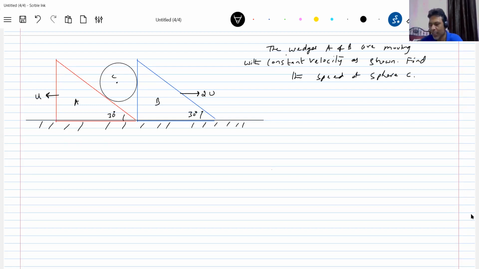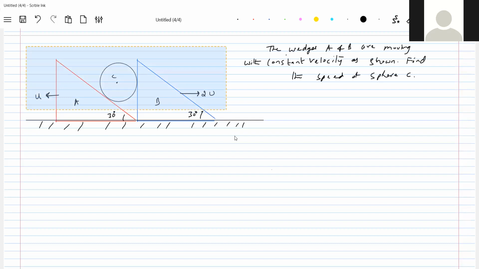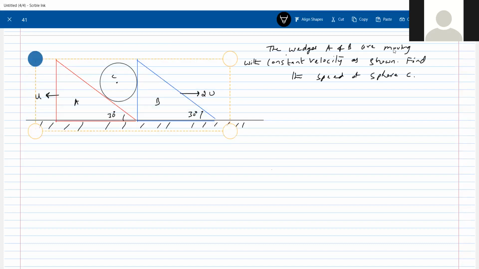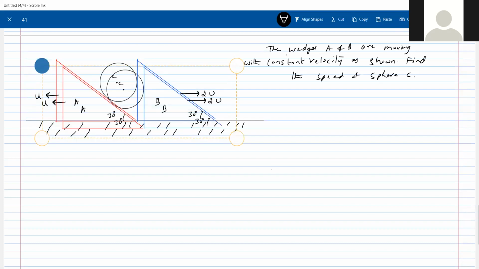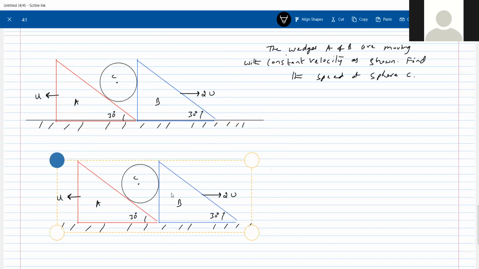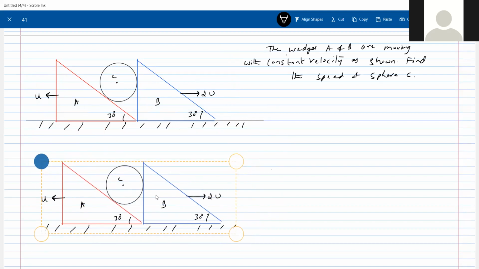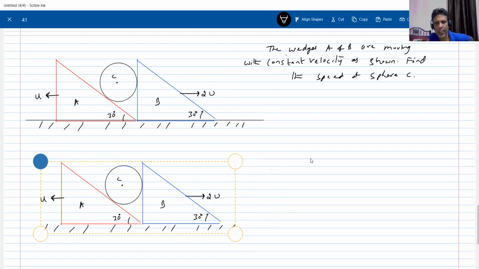In what possible direction the sphere can move? So downwards. Sir, downwards. Fourth quadrant. It will move at an angle, sir. Yeah, it will move in a plane, no?